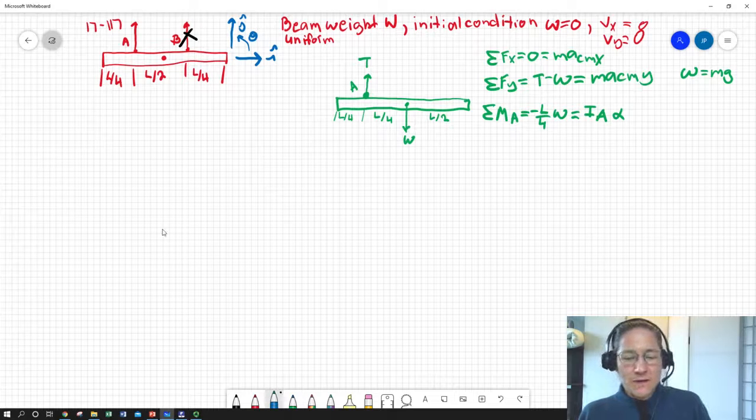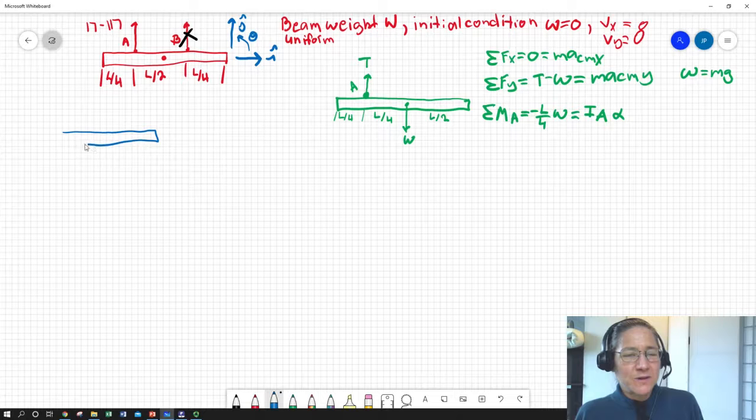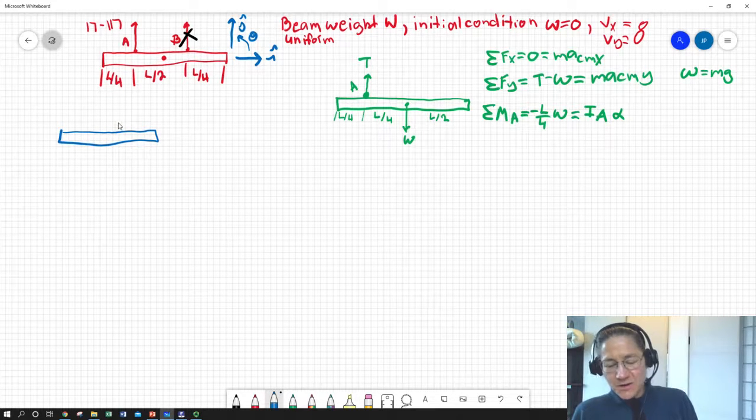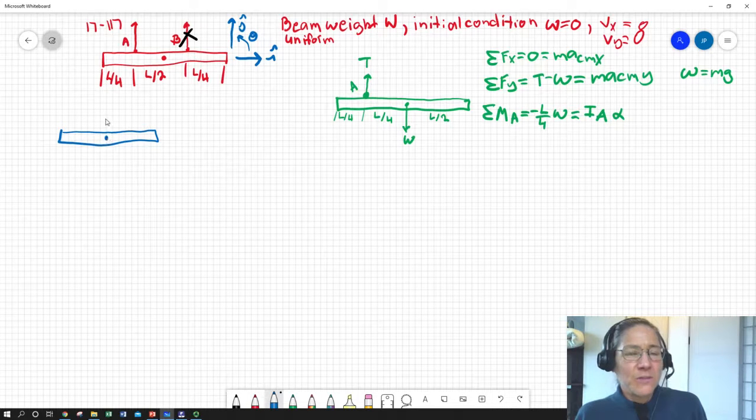So now we get to use the parallel axis theorem in a little bit unconventional way to figure out what that moment of inertia is. We could look up I_ZC and then add the mass times that r, because here's point A, a quarter of the way along.